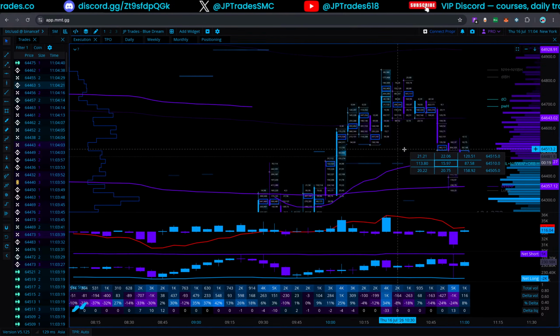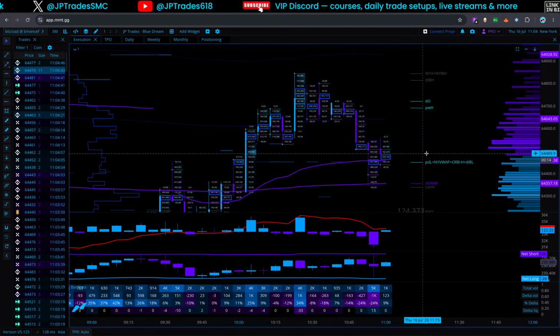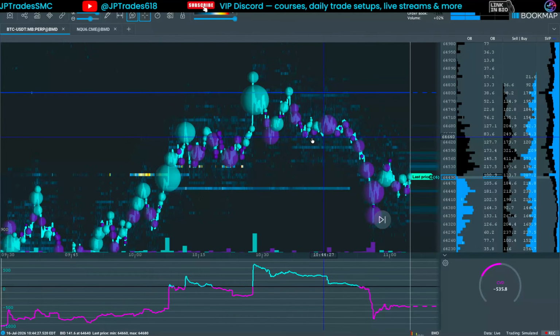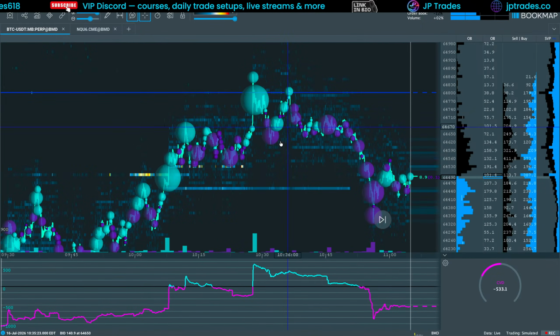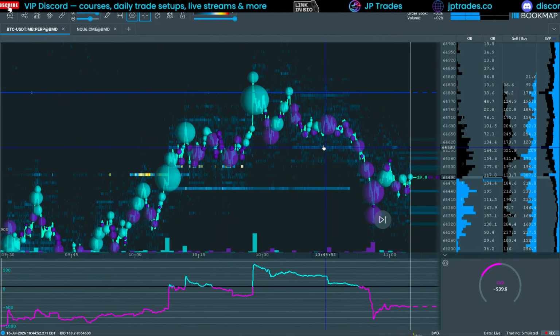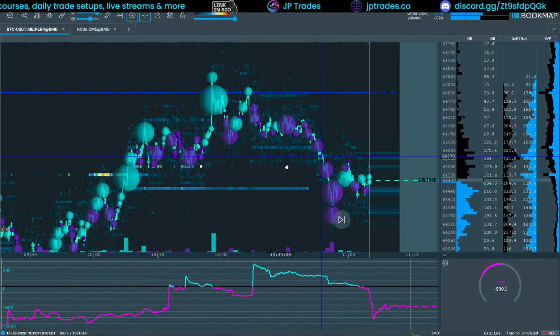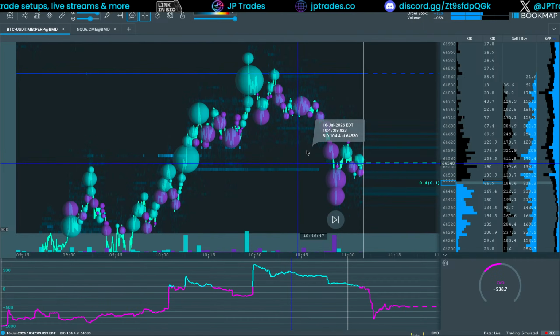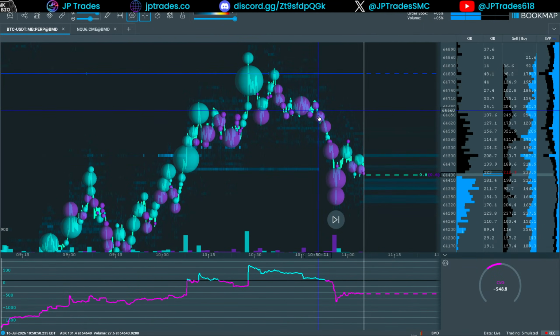And then you've got to look for your entry trigger after that. There are going to be very aggressive entry triggers here, and then more conservative entry triggers down here. But on this move, you should have been at least in a short by this point here.